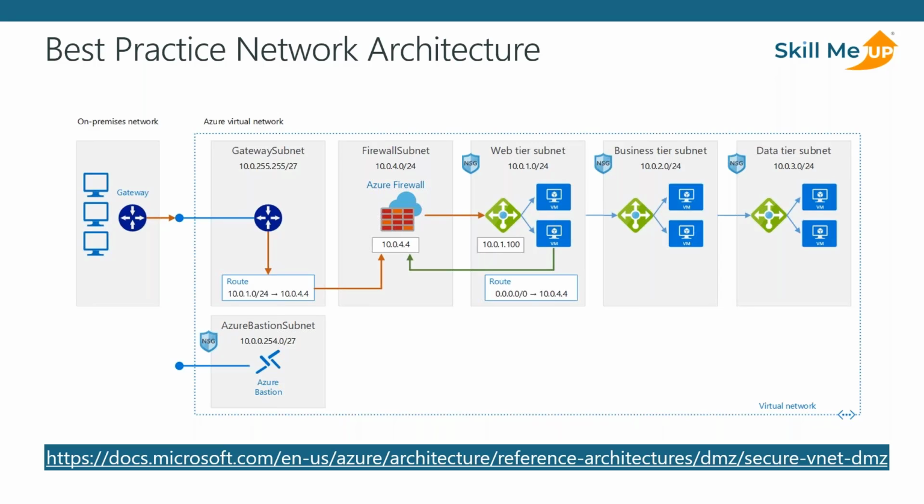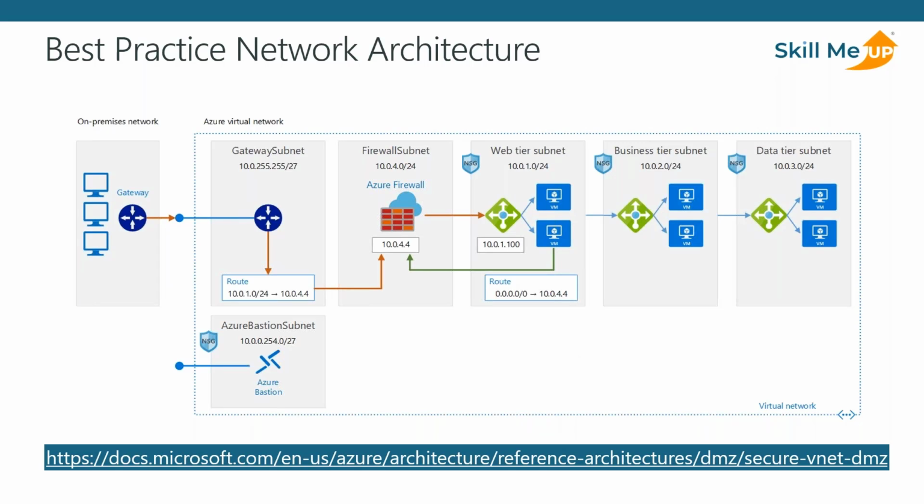And the key thing here, as we talked about defining our virtual network and our VNets, is that this particular scenario has 5 different VNets. We actually have 6 on here, because we have the Azure Bastion subnet down here too. Then we have our firewall subnet. Then we have our web, business, and data.